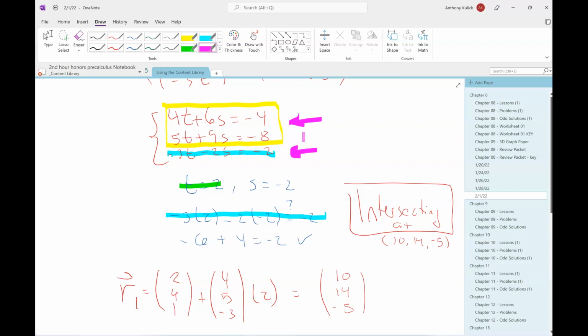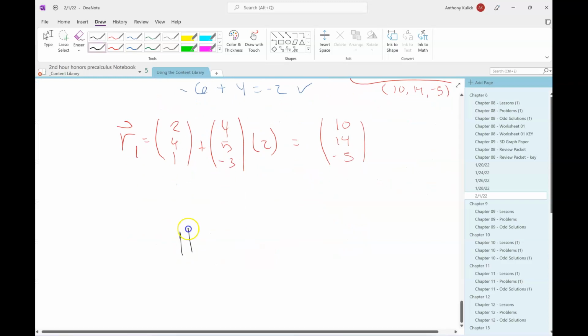So either of those two things could happen in the non-parallel, non-overlapping situation. And at this point, we've now done everything we need to do to finish the chapter.